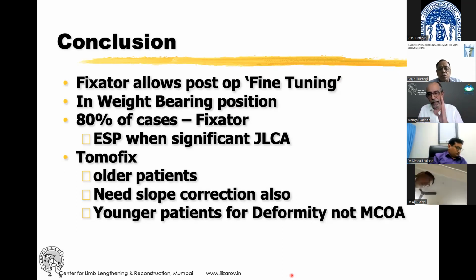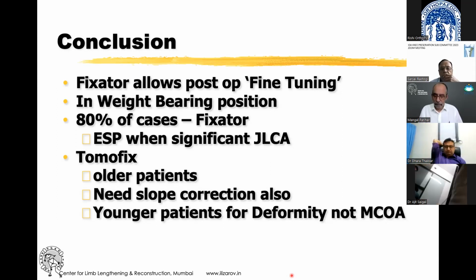So if you get the angle right, I think the literature shows that that has the maximum long-term benefit. So that's why in the large majority of my cases, I still prefer to use a fixator for the tibial correction rather than a Tomofix.